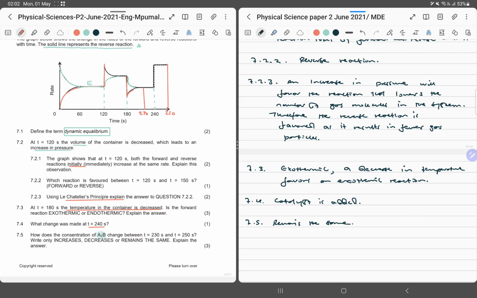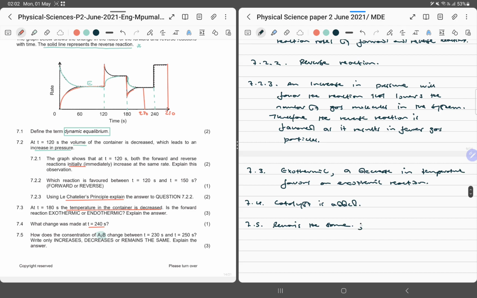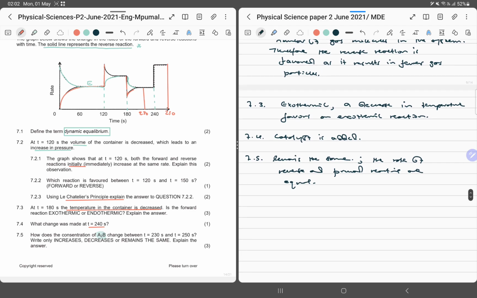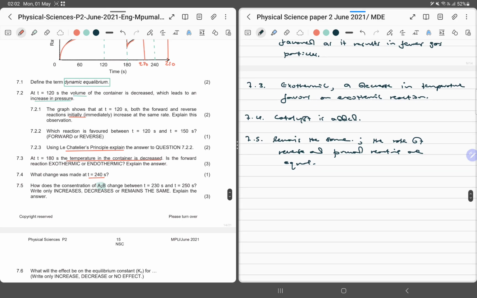Explain the answer. Well, we know that the rate of the reverse and the forward reactions are equal. That's why they will stay the same.